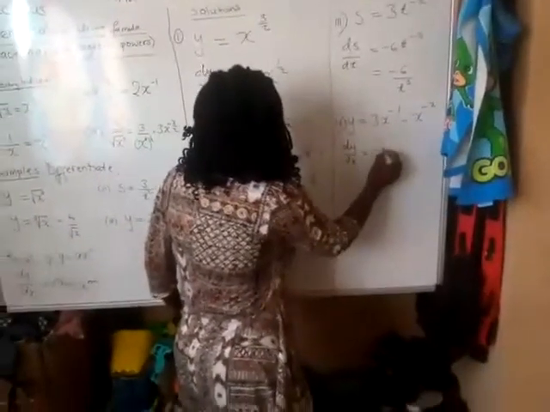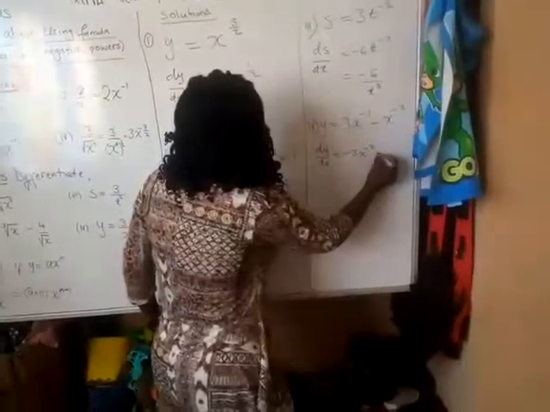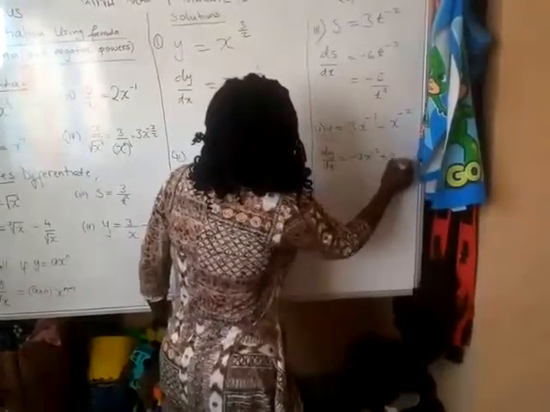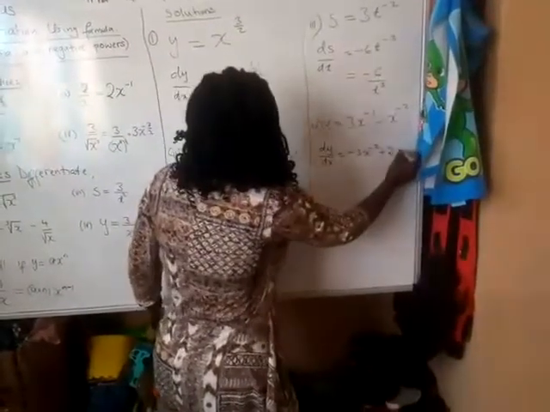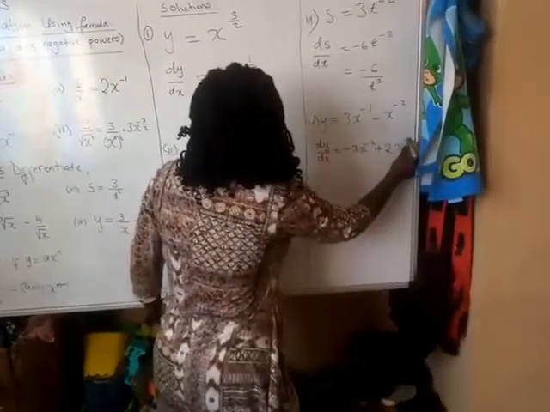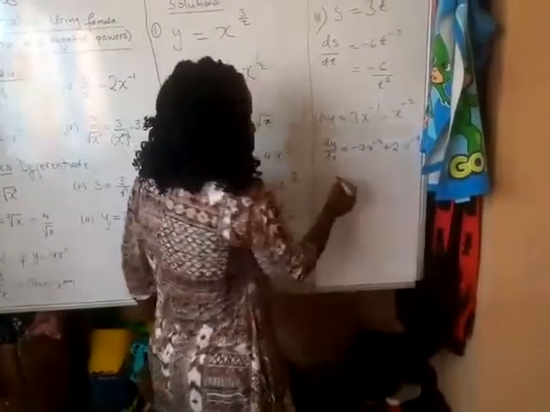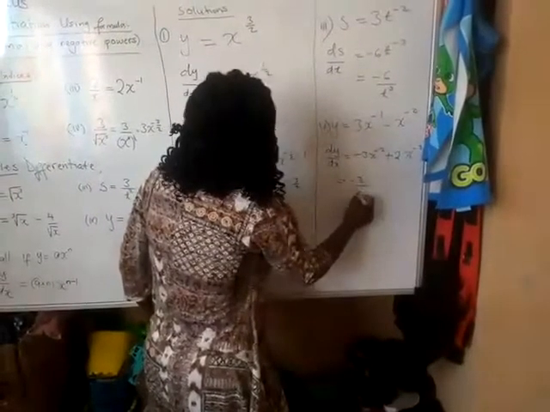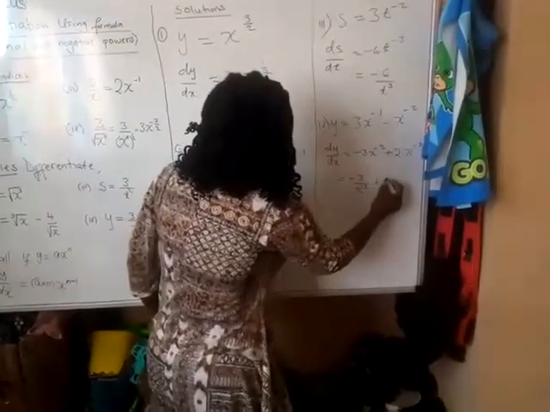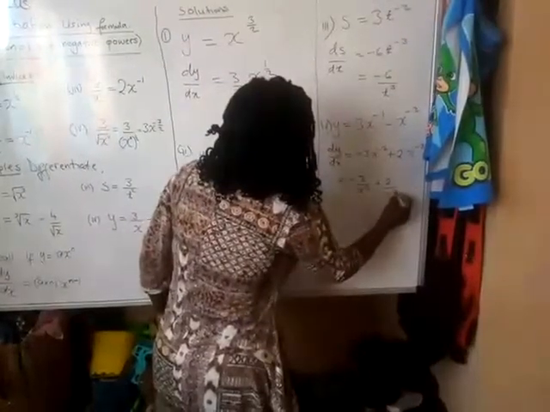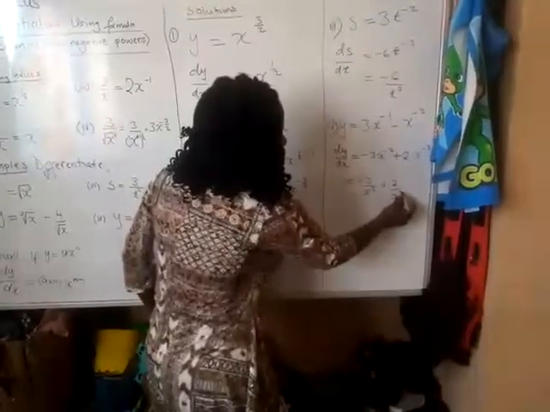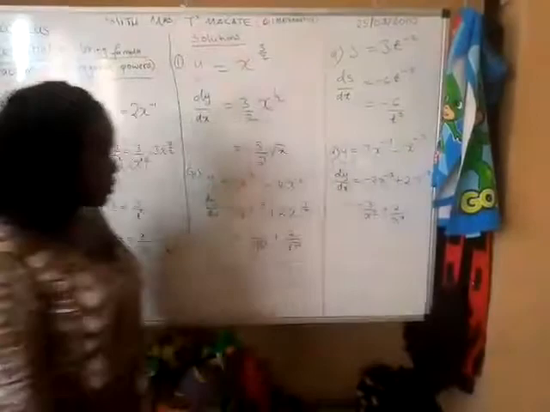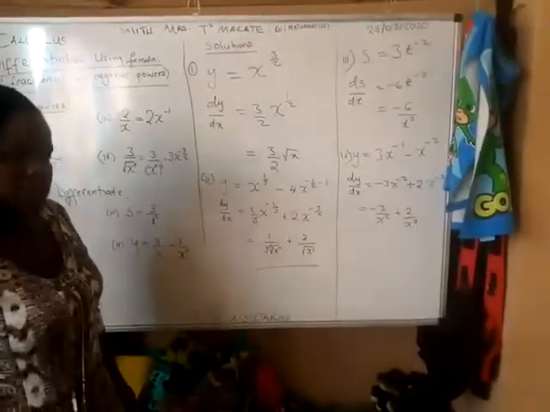We get negative 3x to the power minus 2 plus 2, negative and negative, then x to the power minus 3, and our final answer then minus 3 over x squared plus 2 over x to the power 3 as our dy dx.